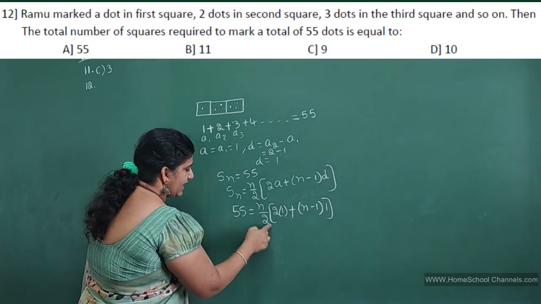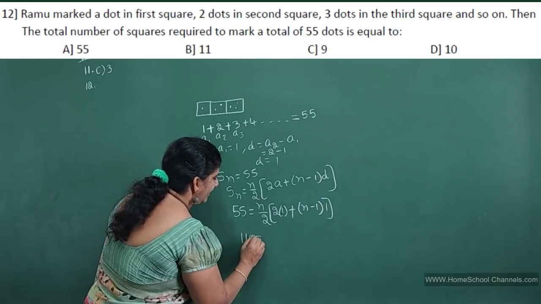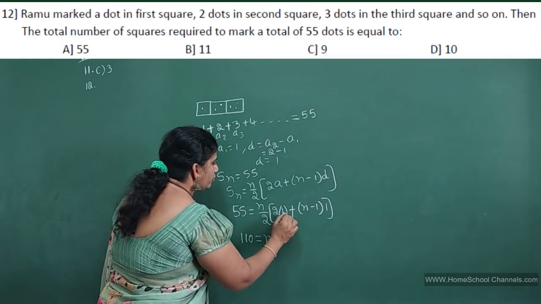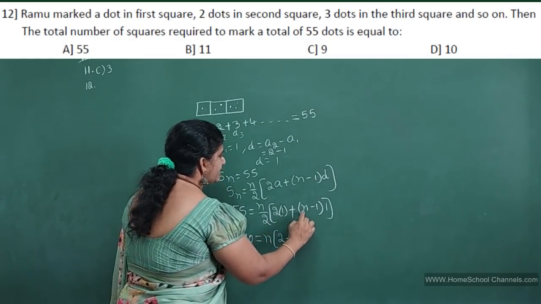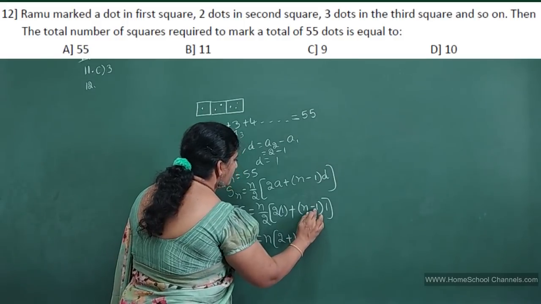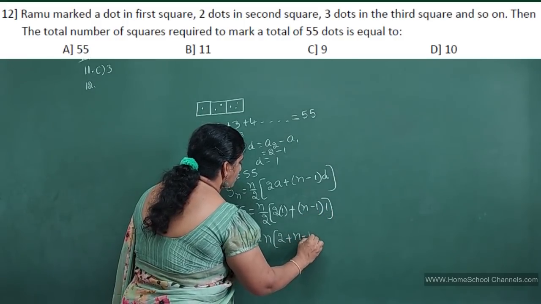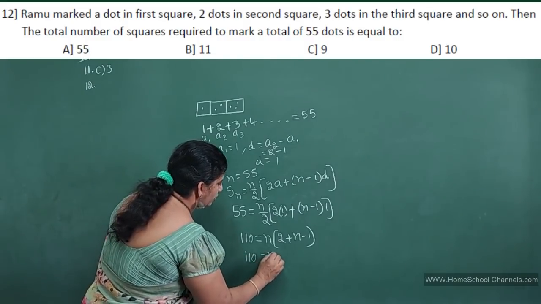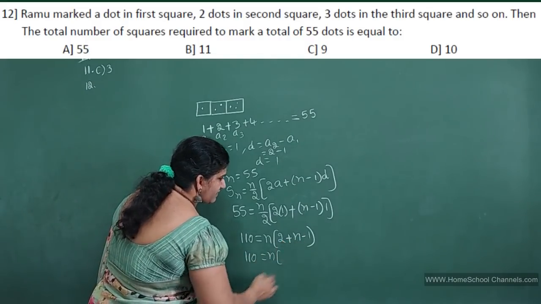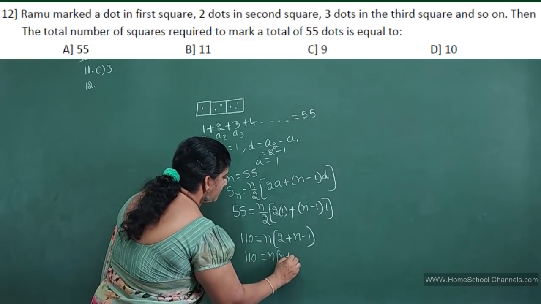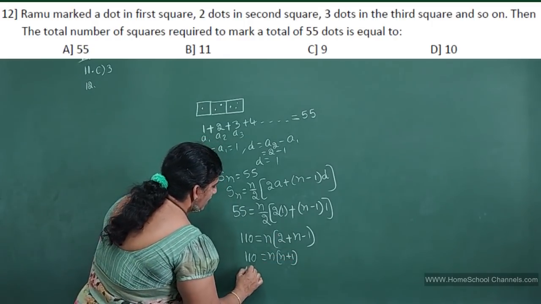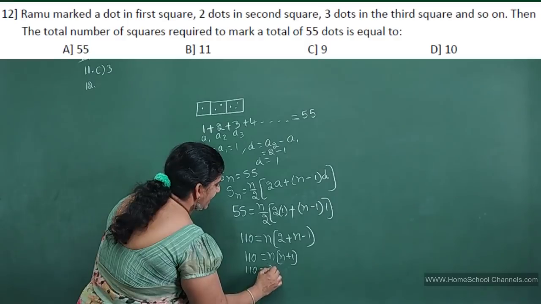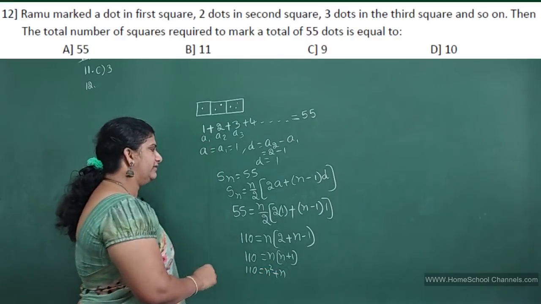Send this to the other side. 55 twos are 110. n into (2 ones are 2, plus n into 1 will be n, plus minus 1). And now here 110 is equal to n into (2 minus 1 will be plus 1), n plus 1.